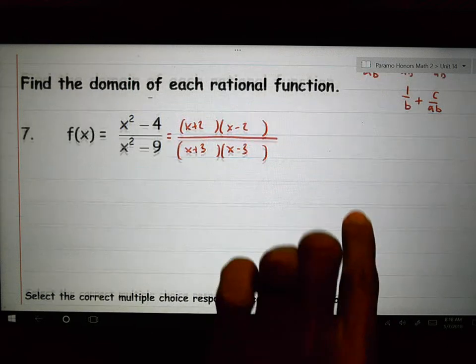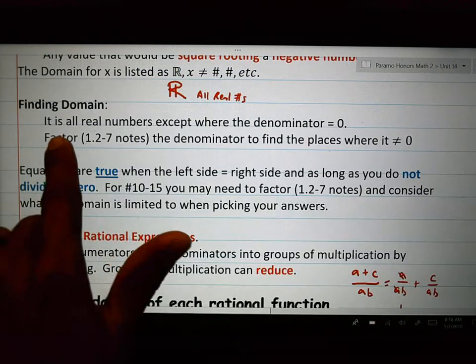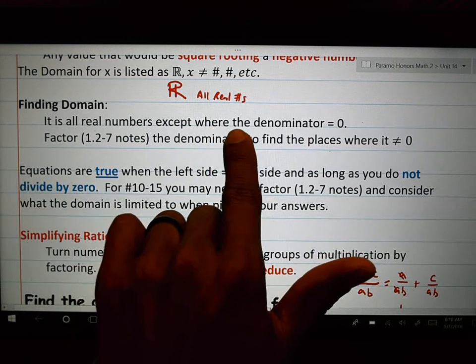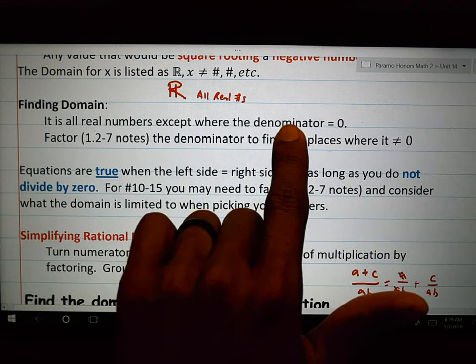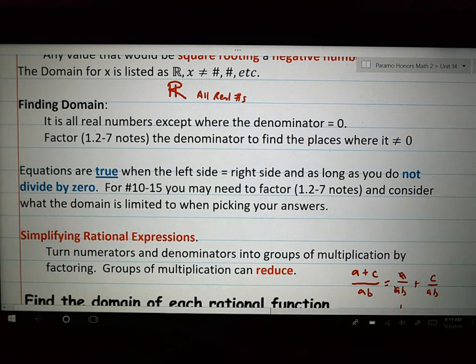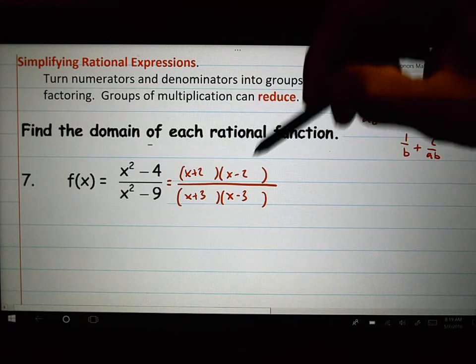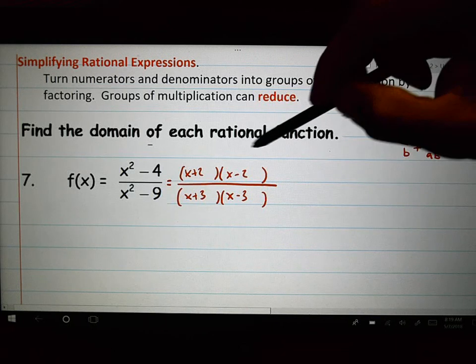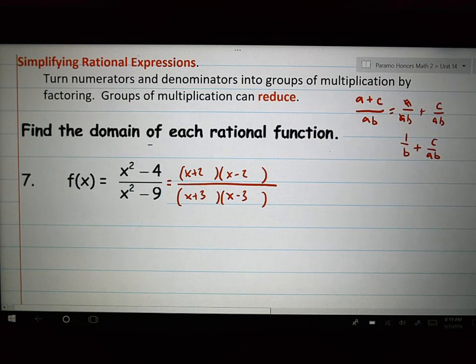And what we really are trying to figure out when we're looking for domain, it's all real numbers except where the denominator equals 0. The numerator technically doesn't matter in this case. The numerator would matter if it matched up with the denominator, but these don't match up.